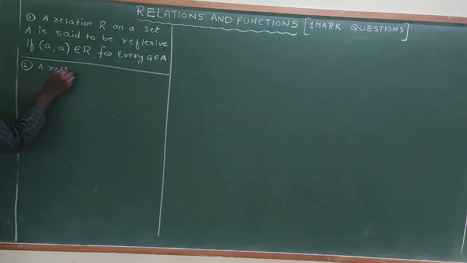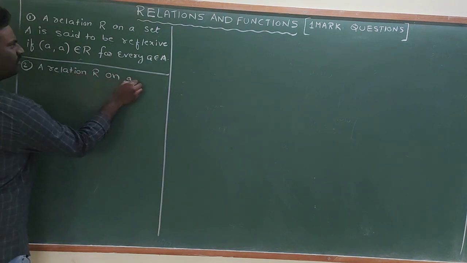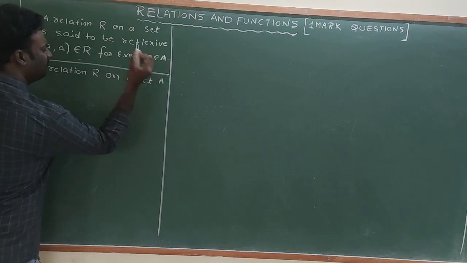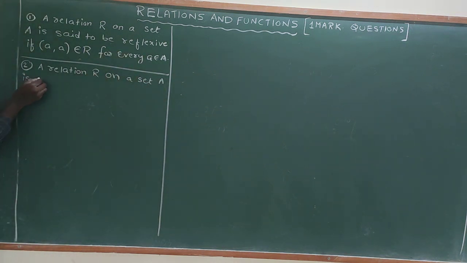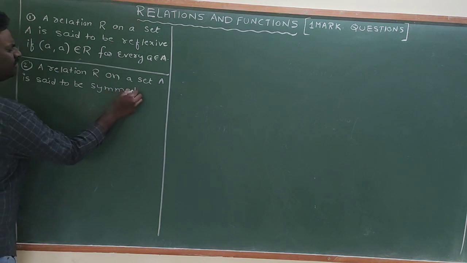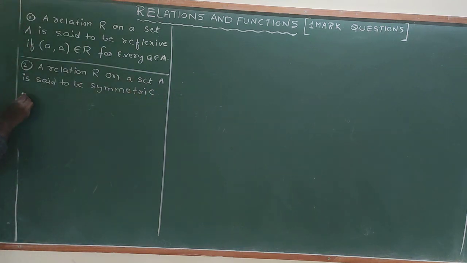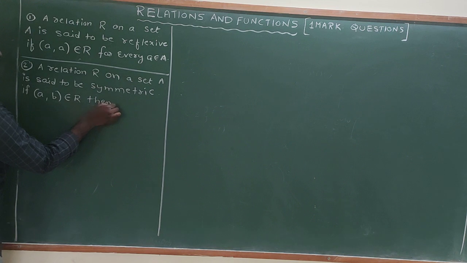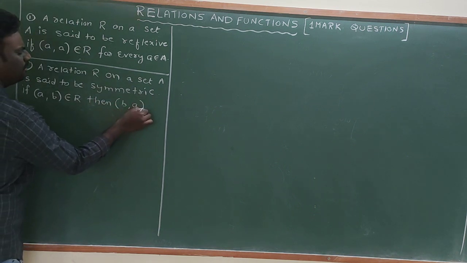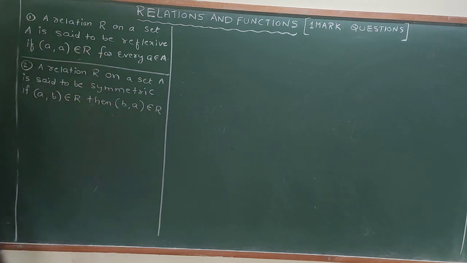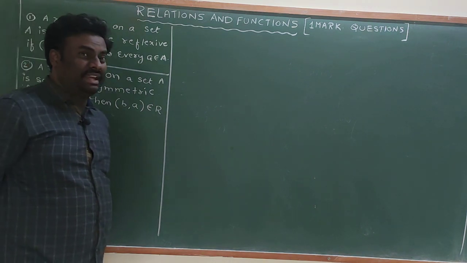A relation R on a set A is said to be symmetric if (a, b) belongs to R, then (b, a) also belongs to R. This is the condition for symmetric relation.